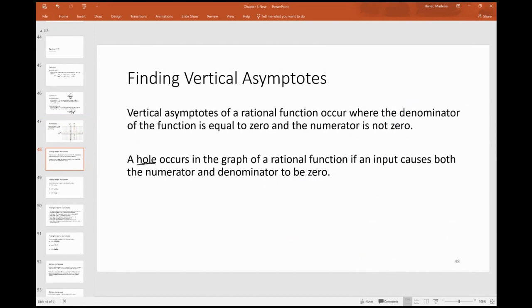So, for example, let's put a little sketch on here, maybe something like this. Real simple one. Okay, look, there's two zeros there. There would be a hole in the graph.